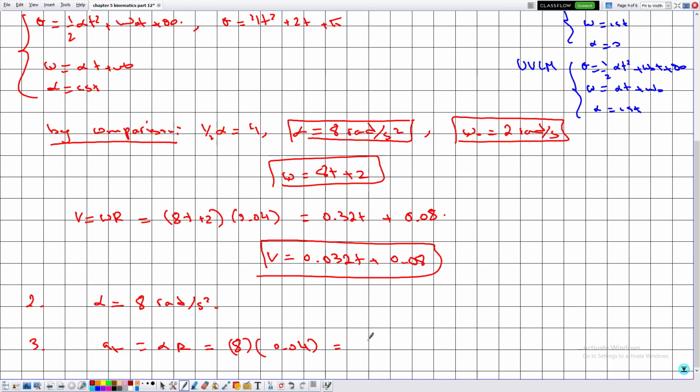Then this is given by 0.32 radians per second square. Okay.